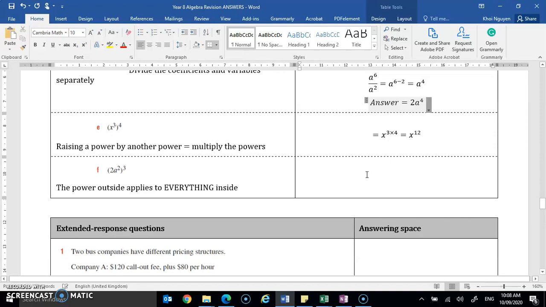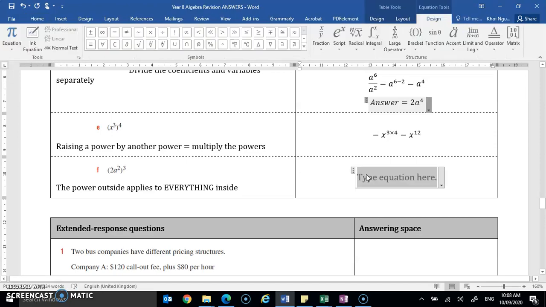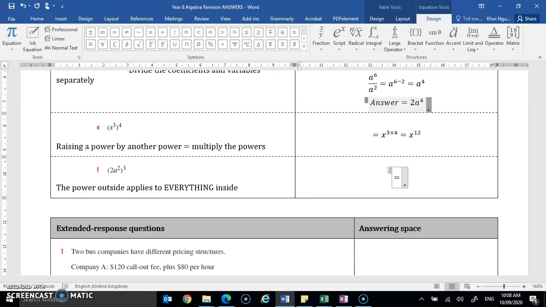What does that mean? We can rewrite this without the brackets by raising everything inside to the power of 3, as you can see there. So here we have 2 raised to the power of 3, multiplied by a squared, which we then raise to the power of 3.